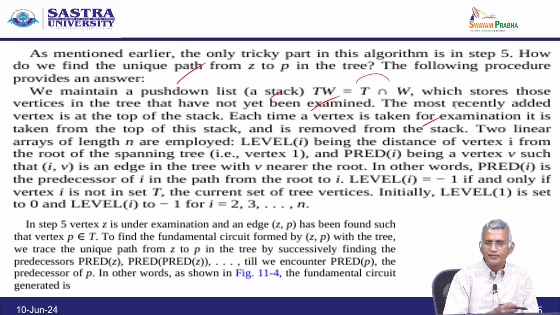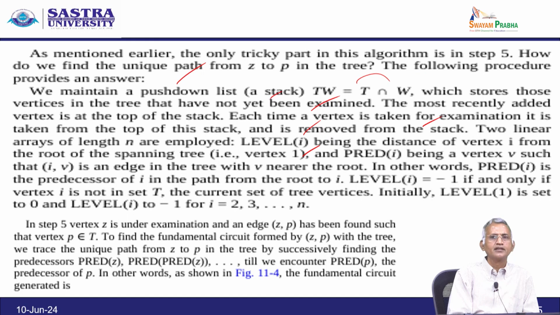Each time a vertex is taken for examination, it is taken from the top of this stack and removed from the stack. Two linear arrays of length n are employed: LEVEL(I), being the distance of vertex I from the root of the spanning tree, and PRD(I), the predecessor of I, being the vertex V such that I, V is an edge in the tree with V nearer the root.